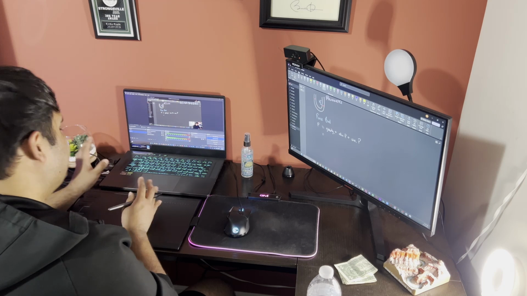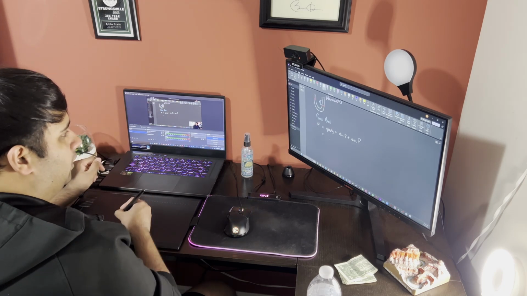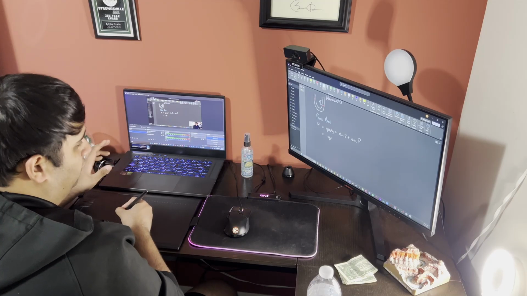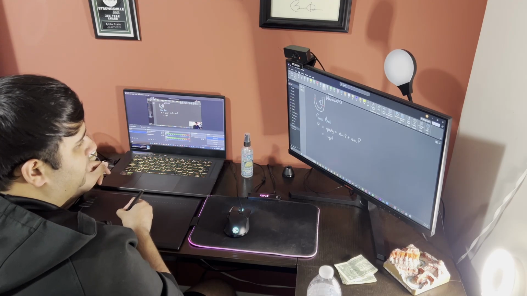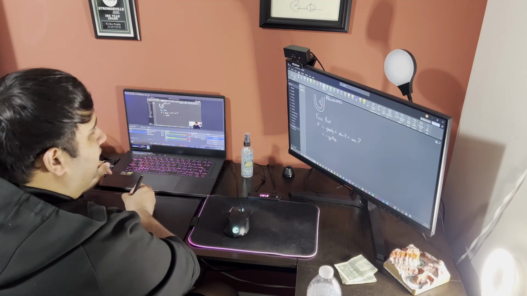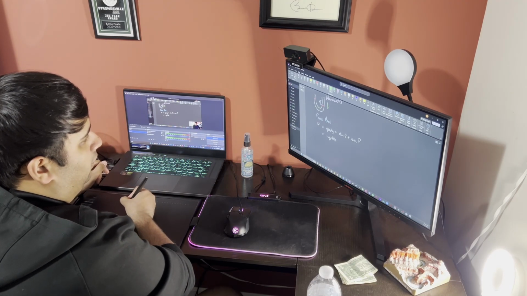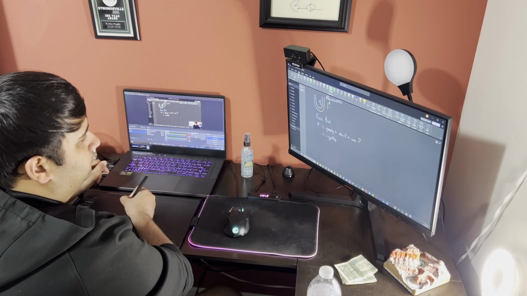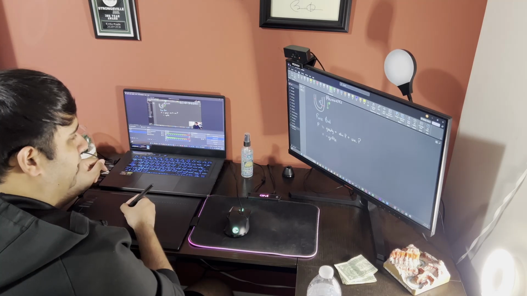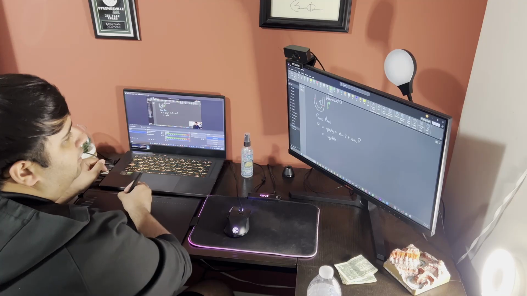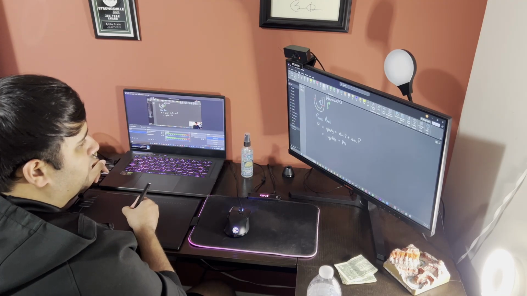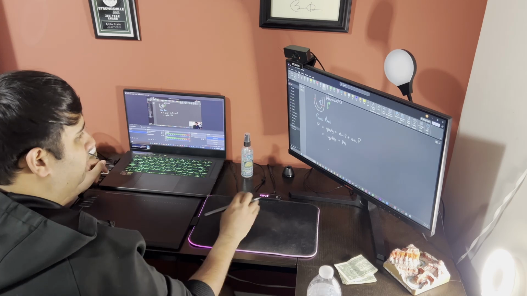To expand the equation out, we're going to make this negative g times rho, which is our density, times our area, times our height. We're going to use negative g because we're defining our direction as down as positive. And then our atmospheric pressure is just our pressure times our area.